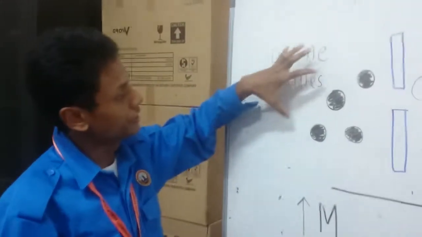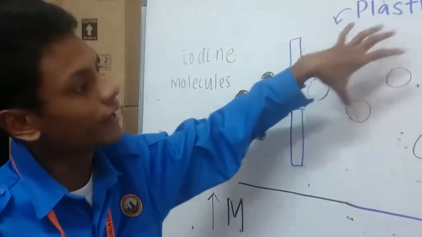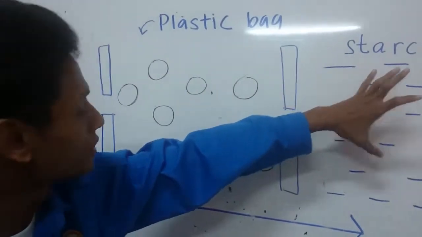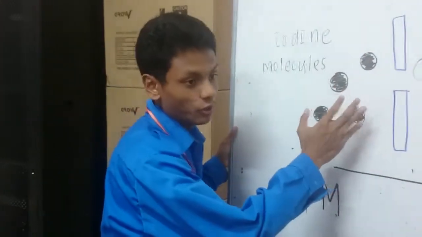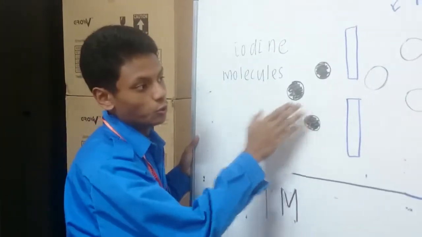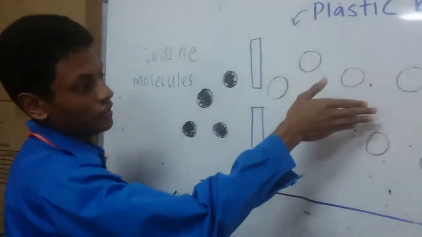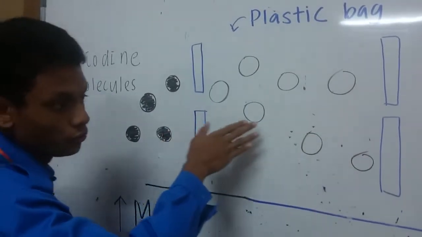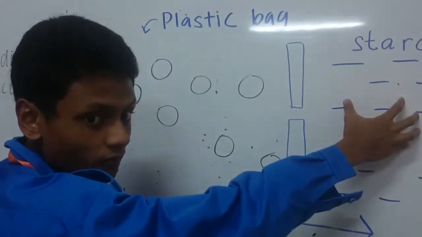You can imagine this as your oxygen, this is your alveolus, and this is your blood vessel or bloodstream. If you open up your lung, you will see that the oxygen propagates into the alveolus and then through the blood vessels or bloodstream.